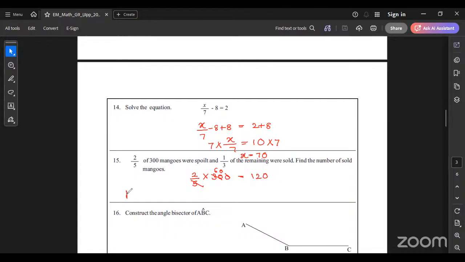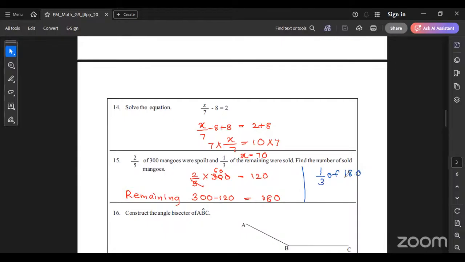How much is the remaining? The remaining are good ones. 300 subtract 120 is the remaining. 180 is the remaining. From that, 1 over 3 of the remaining was sold. Yes. 1 over 3 of the remaining.